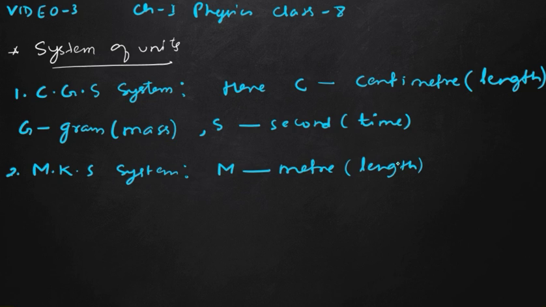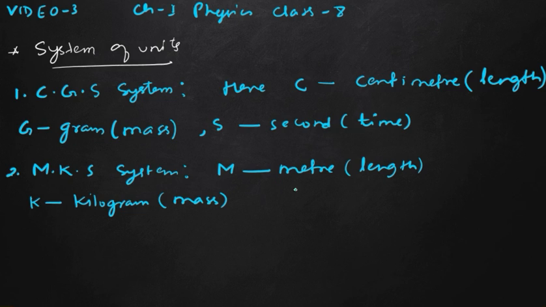Similarly, K stands for kilogram. In short, it can be written as kg. This is the unit of mass. Again, we have one difference. In CGS system, for measuring mass we use gram, whereas in MKS system, to measure mass we use kilogram or kg.